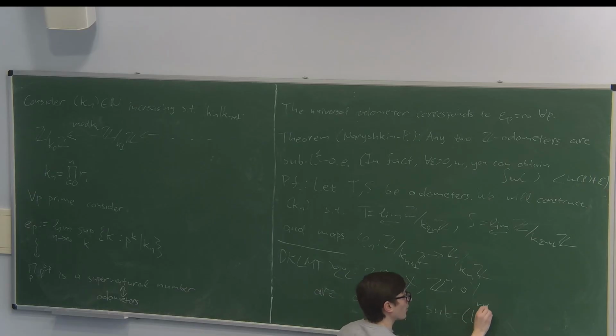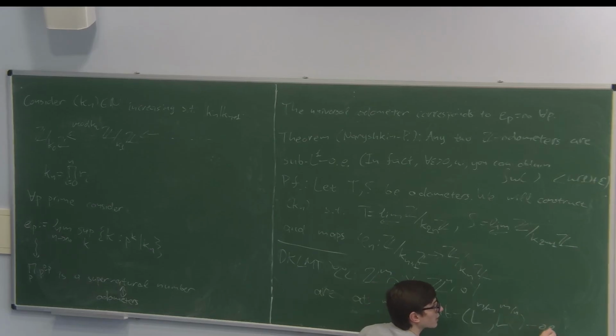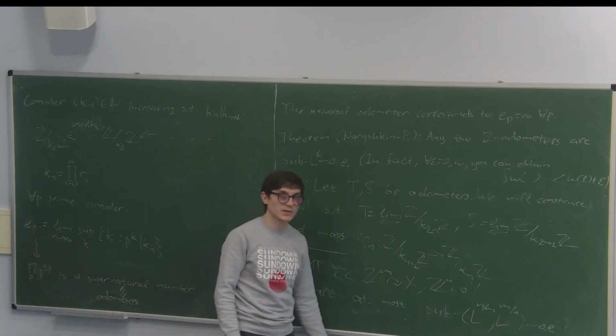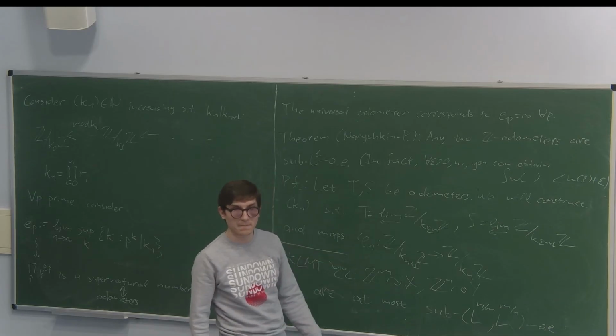Ln over m, Lm over n orbit equivalent. So we have critical bounds for actions of Z to the d for different values of d.